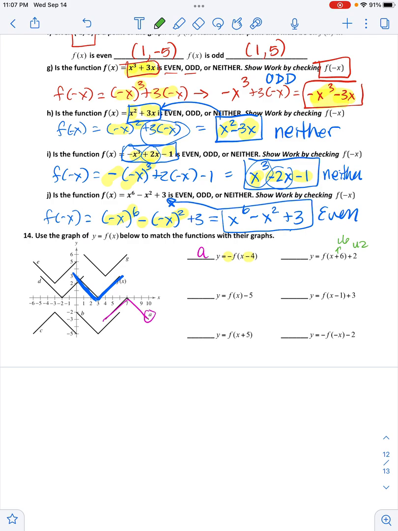So if I go to the left 6, so from here I'm going over 1, 2, 3, 4, 5, 6, and then up 2, I'm going to be at this one, which is E. Right here, it's saying take the old one and do this to it. This is after the function, so that's going to be down 5. Always starting with the blue one, if you just move that thing straight down 5, you're going to be right here at B.